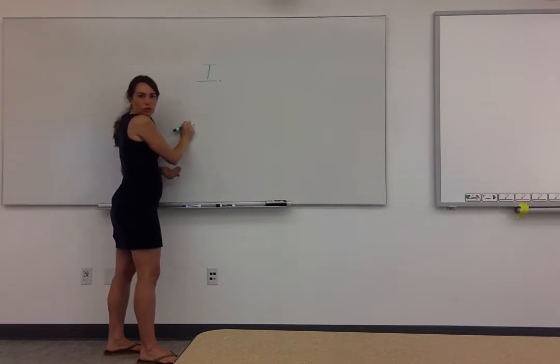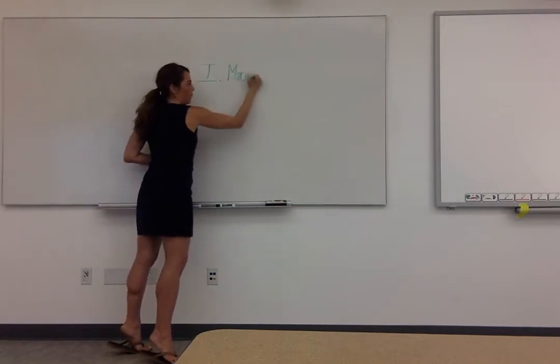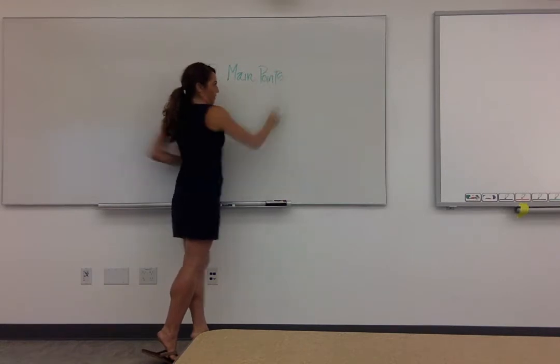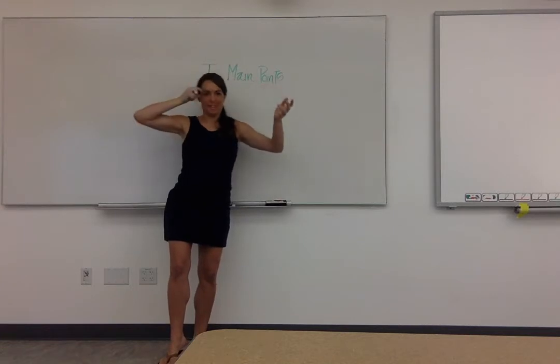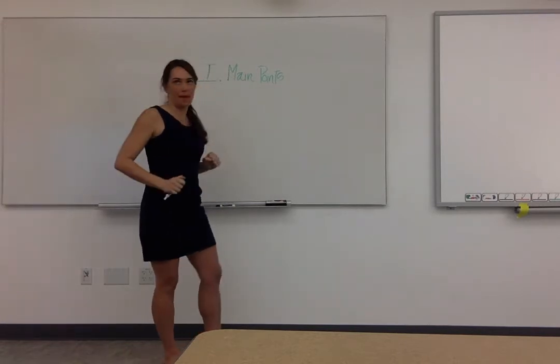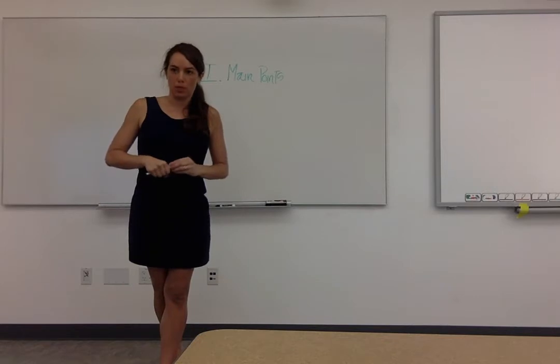Your Roman numerals in your outline communicate your main points. All of you have main points, things that are the how in your thesis statement, right? It's the way in which we will talk about whatever our speech is about. And so each of your main points are going to be represented by Roman numerals.